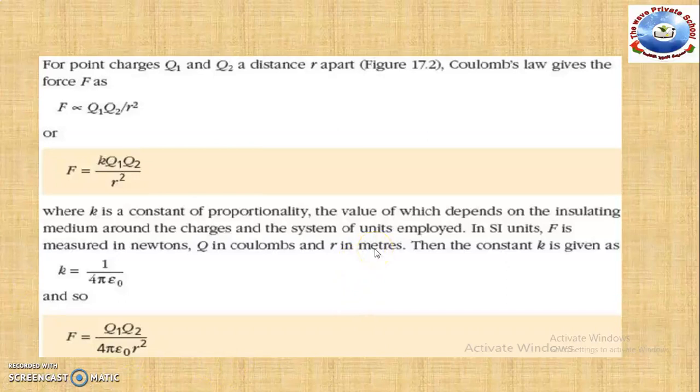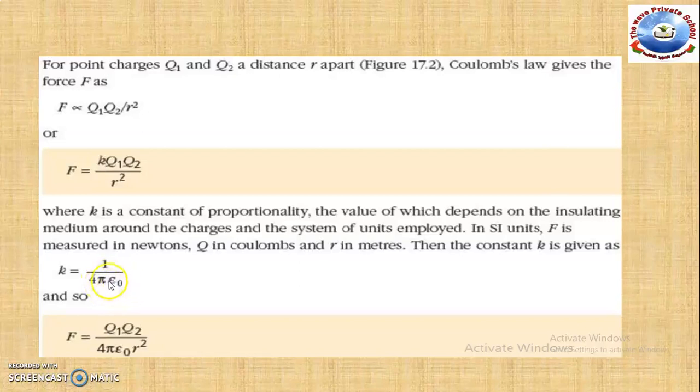So in SI units, K is equal to 1 over 4 pi epsilon naught. You know the value of pi and epsilon naught.